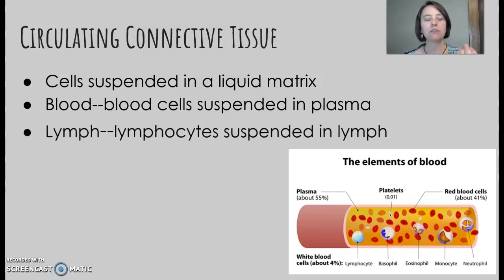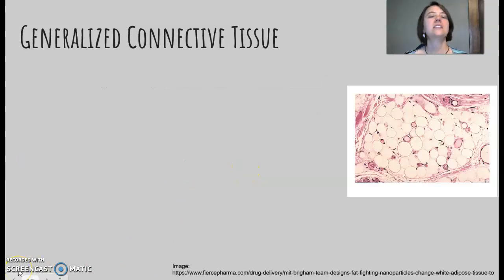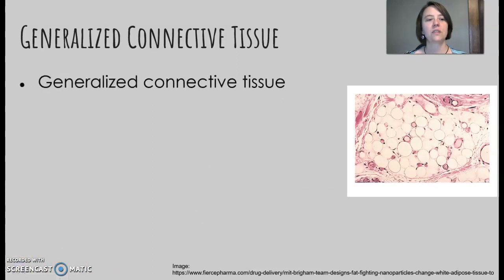And then lymph, where the lymphocytes, the lymph cells, are suspended in lymph, which is basically plasma, which is basically water, but it's in a different part of your body. And we will learn more about that in chapters 13 and 16 when we learn about the circulatory system and about the lymphatic system.